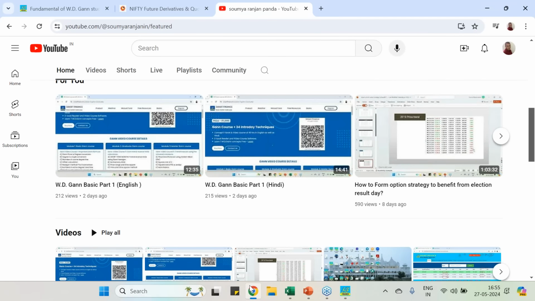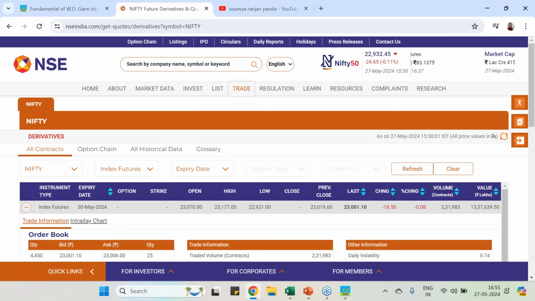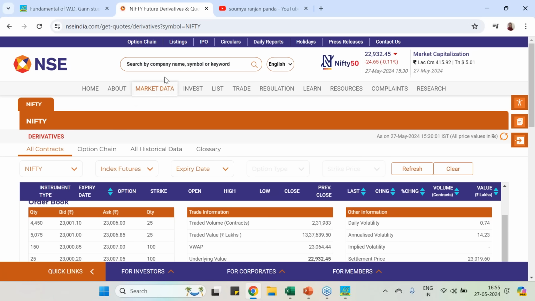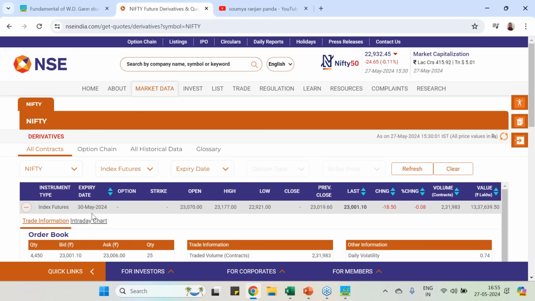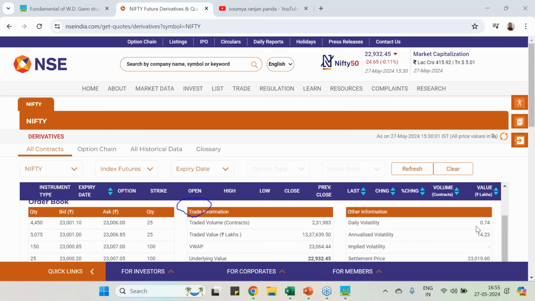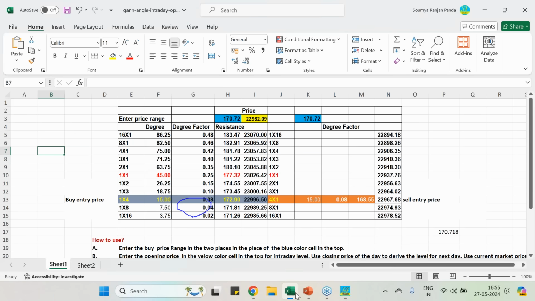If you go to the NSE site and look at the NSE Nifty futures data, it opened at 23,070 rupees. This is the opening, and we are getting one more factor here: 0.74 is its annual volatility. So I'll be taking 0.74 as its annual volatility.